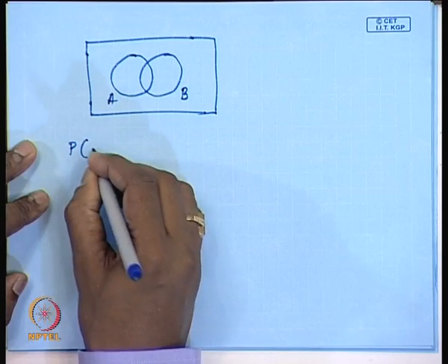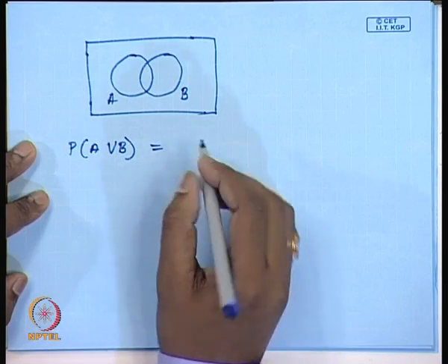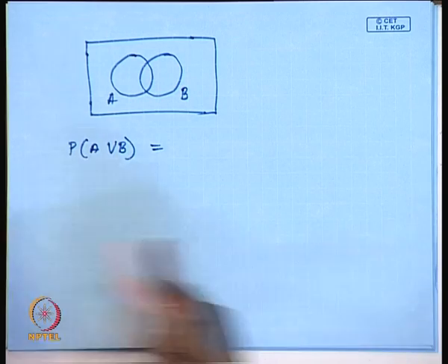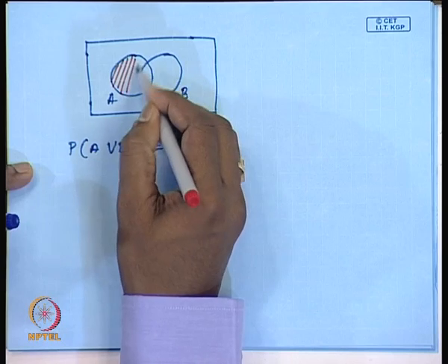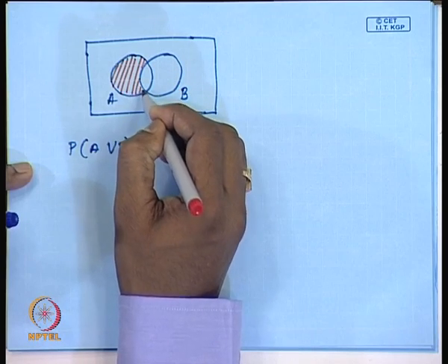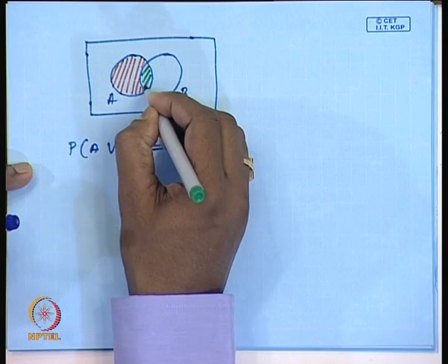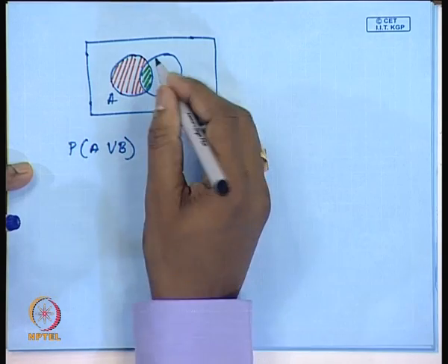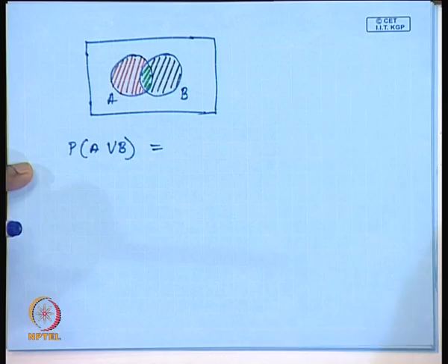So probability of A union B, which is equal to, I am just separating it out into three different places. The first one is this place, the second one is this area, and the third one is this particular thing.